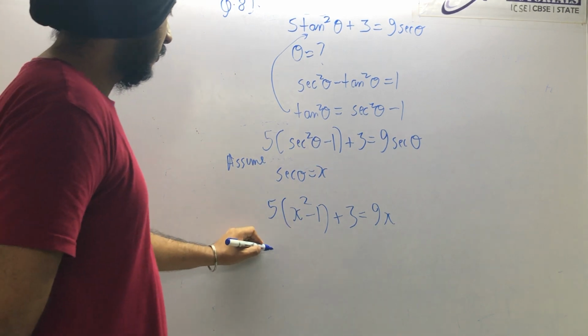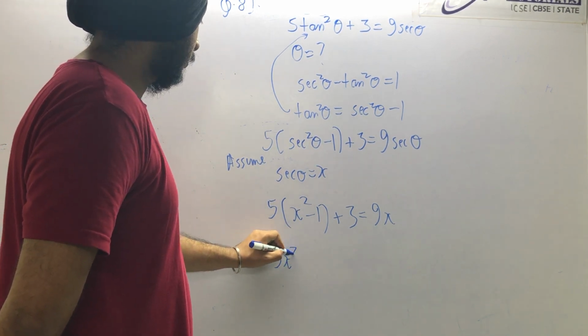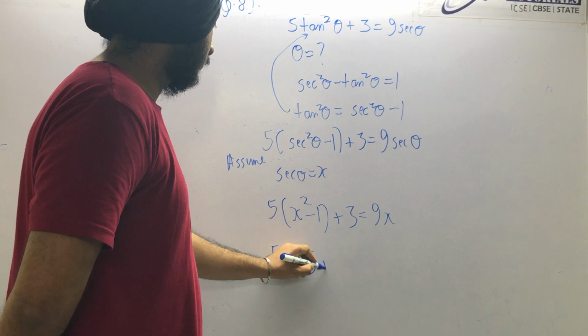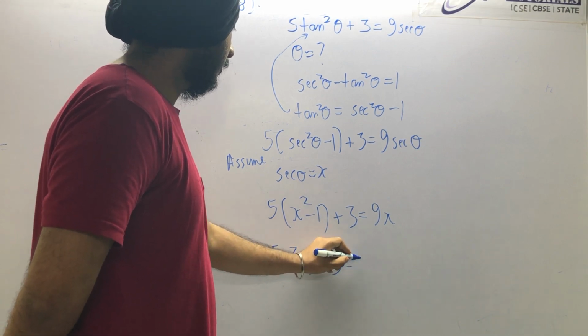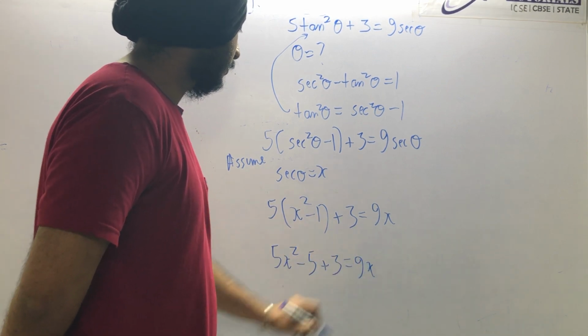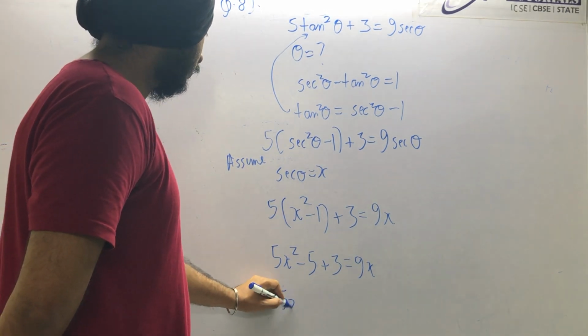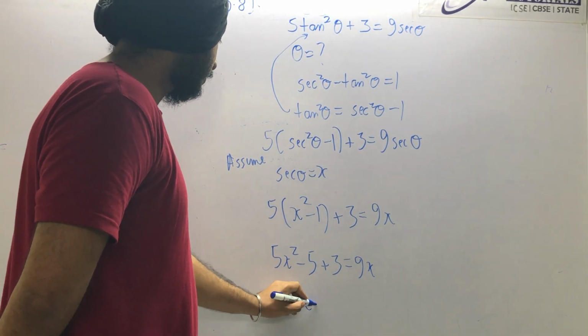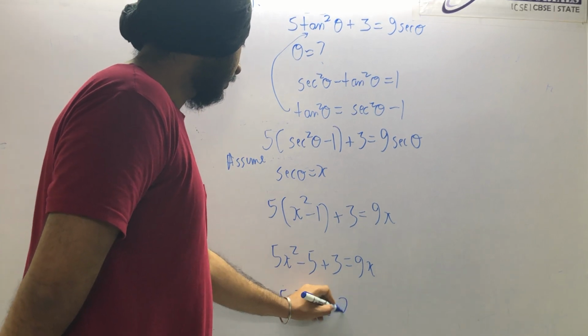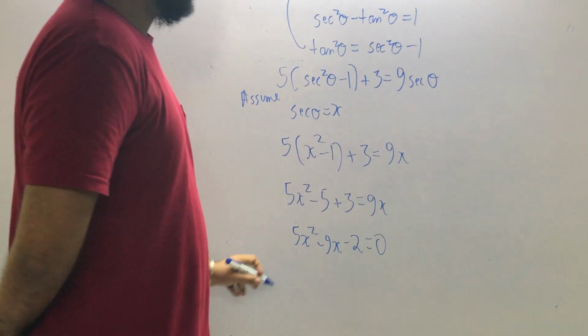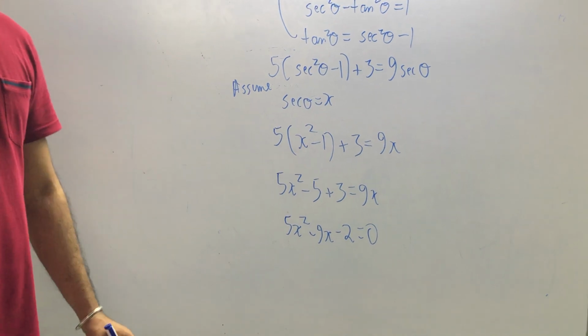Okay, so this is 5x square minus 5 plus 3 is equal to 9x. Okay, now just simplify this a little bit more. 5x square minus 9x minus 2 is equal to 0. So 5x square minus 9x minus 2 is a simple quadratic equation.